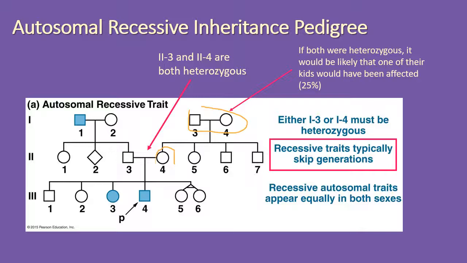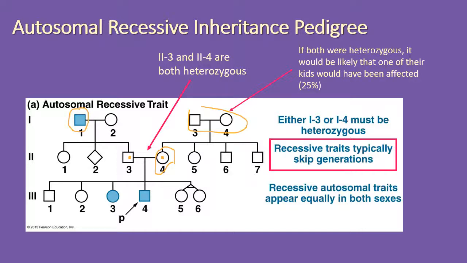This child is a carrier for the trait, so really we should put a dot in the center. And we know where this person got his allele. It came from this father. So this father was affected.